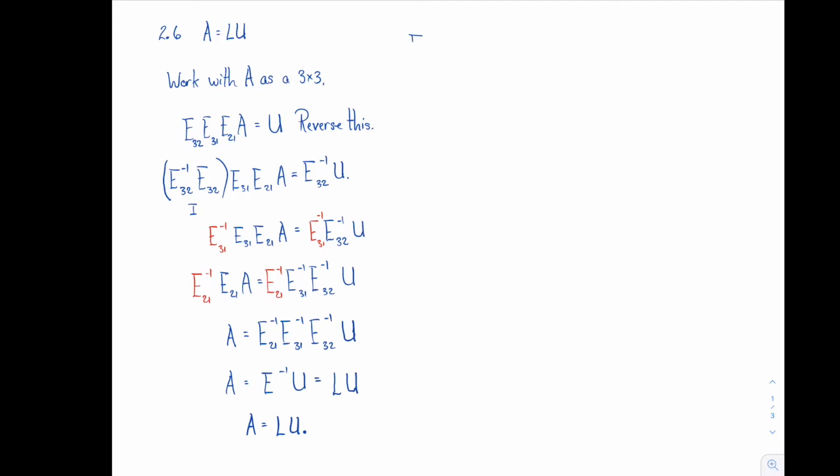And first we need to find E. So for E21, let L21 equal A. For E31, let L31 equal B, and for E32, let L32 equal C. First thing we need to do is find E.